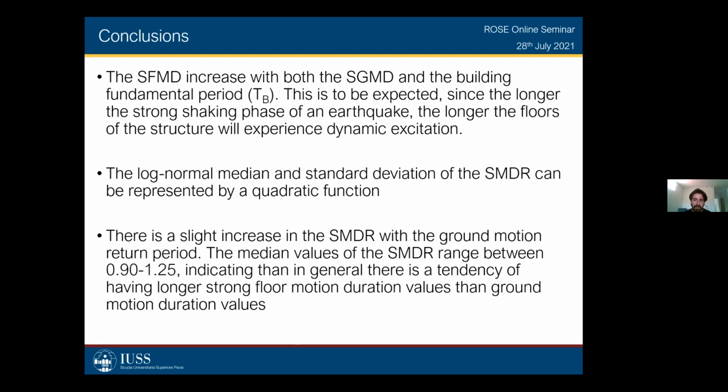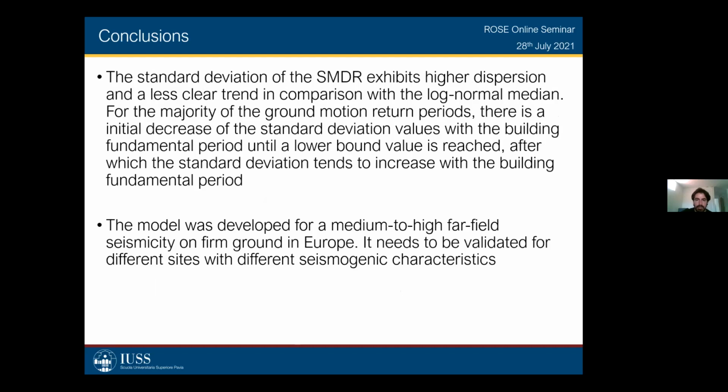Regarding the strong motion duration ratios, the log-normal median values range between 0.1 and 1.25, indicating in general a tendency toward longer strong motion duration values than ground motion duration values. And this makes complete sense due to the reasons that I mentioned before.